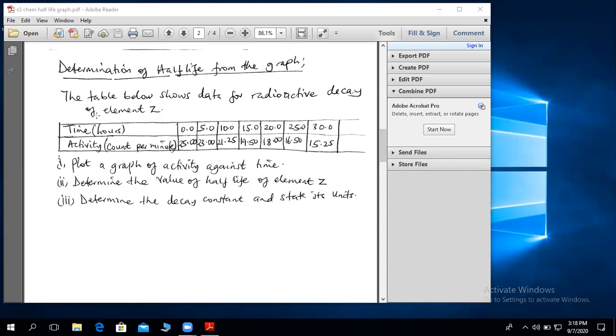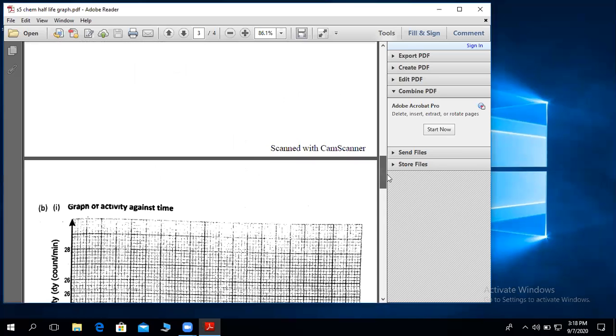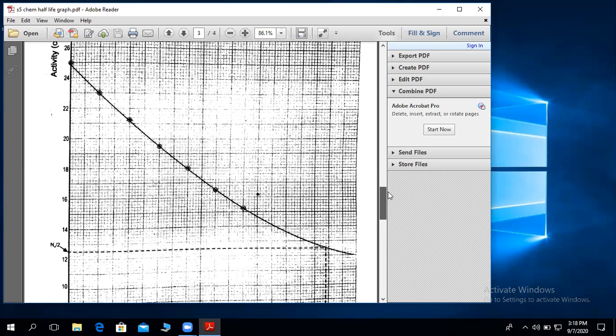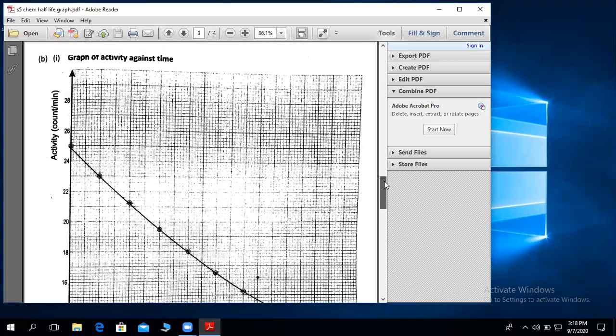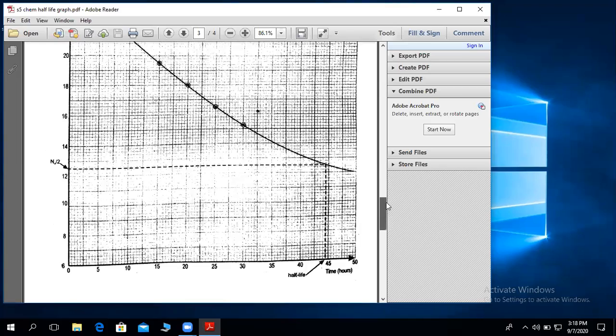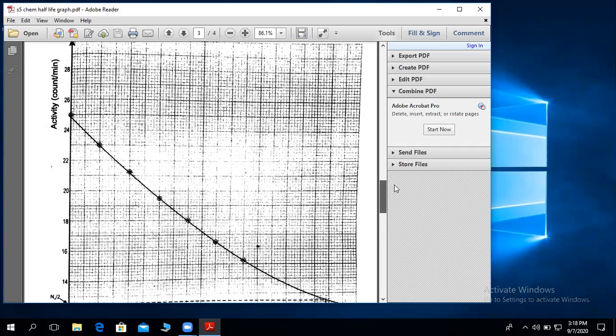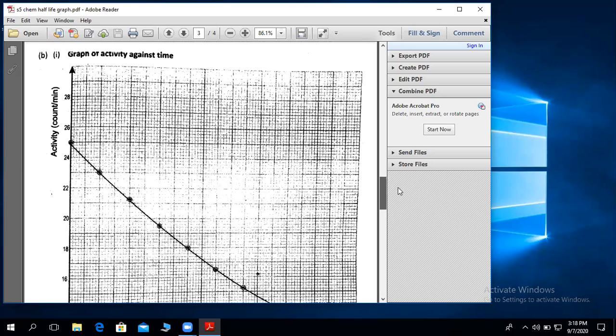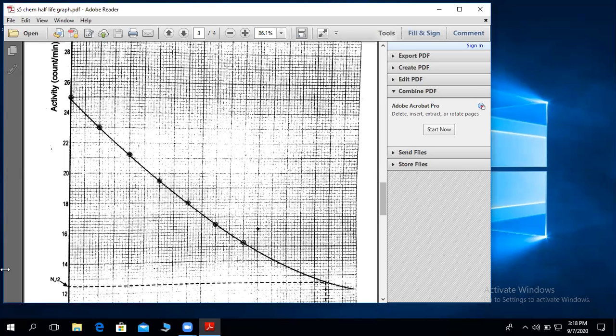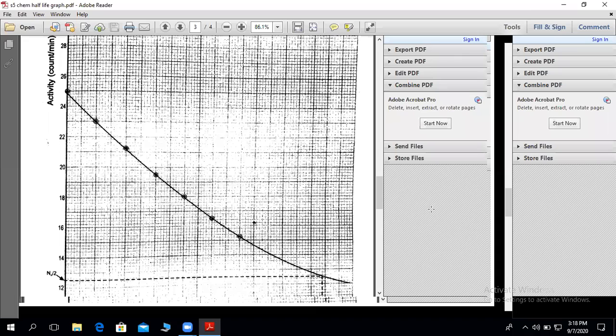For me, when I plotted, I got this kind of graph. So the question will always be, how can you use this graph to determine the half-life?